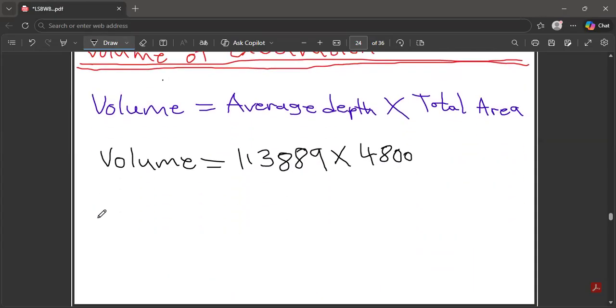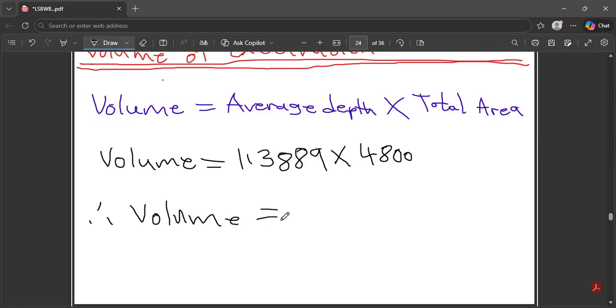So finally, therefore, let's see that our volume is equal to, let's all quickly work this out together. That is 1.3889 times 4,800. So I'm getting 666.